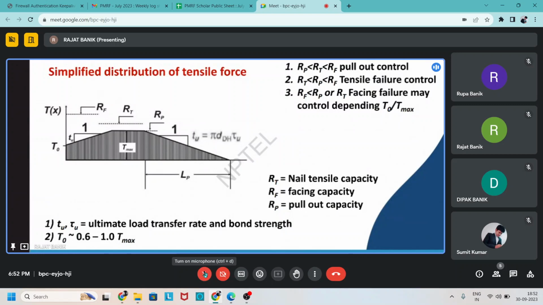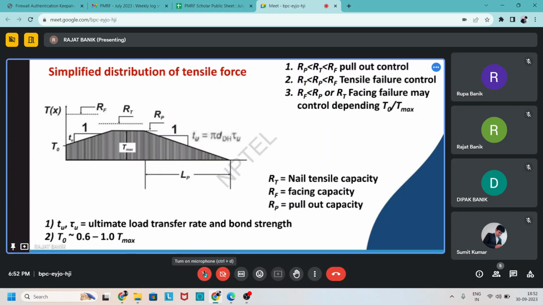So this force distribution is divided into three zones. Near the face, the force is called the facing capacity, denoted by RF. Near the maximum tensile force, it is called RT, the nail tensile capacity.